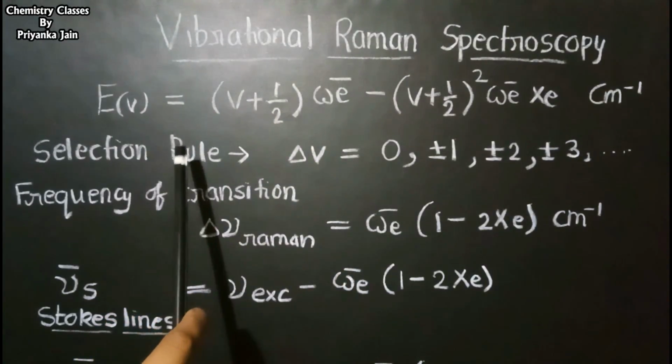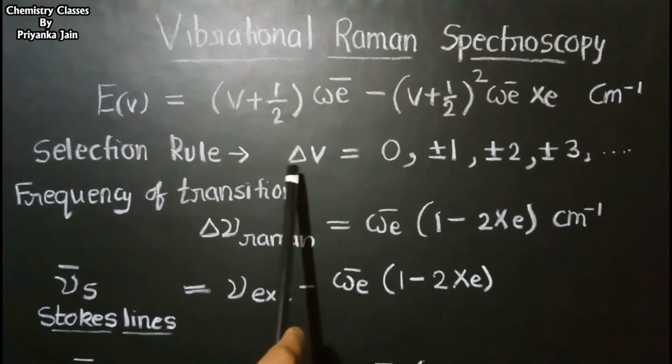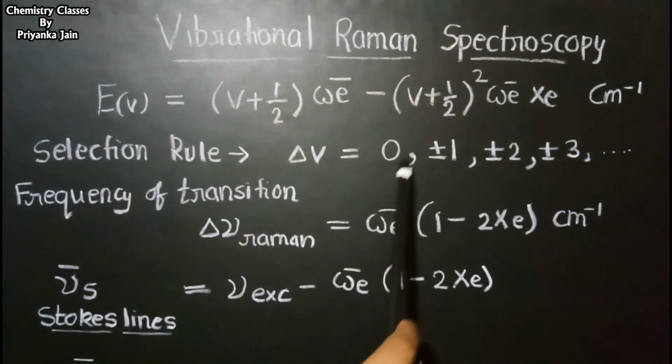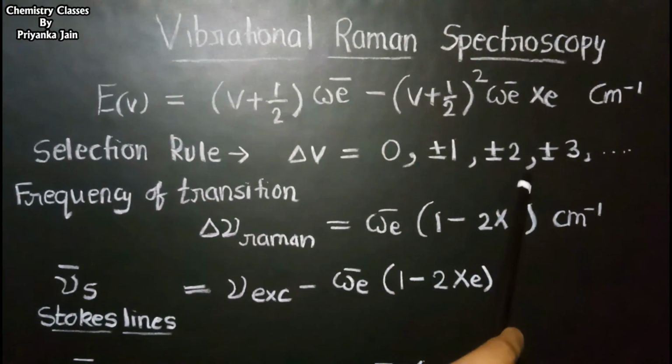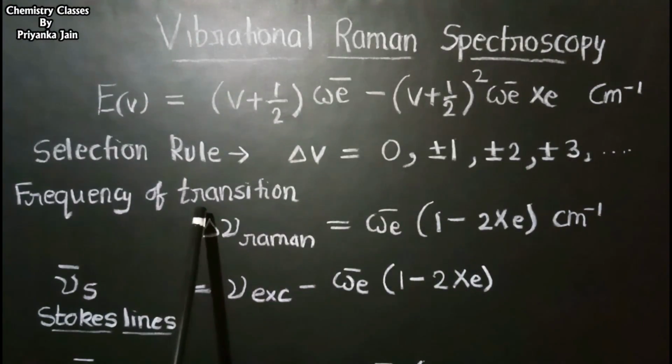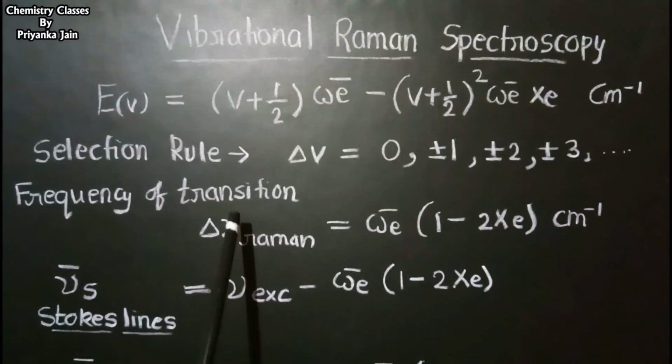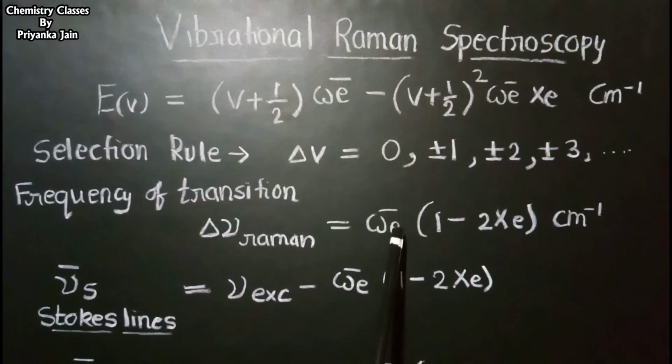The selection rule for the pure vibrational Raman spectra is del v equal to 0, plus minus 1, plus minus 2, plus minus 3 and so on. And the frequency of the transition between two levels is given by del nu equal to omega e times (1 minus 2xe) centimeter minus 1.